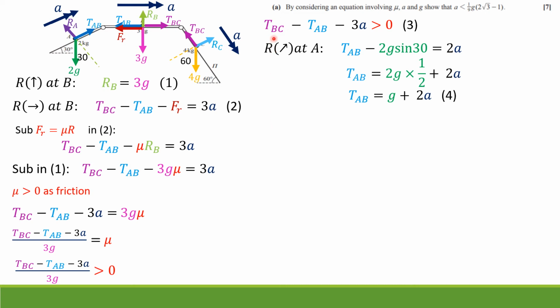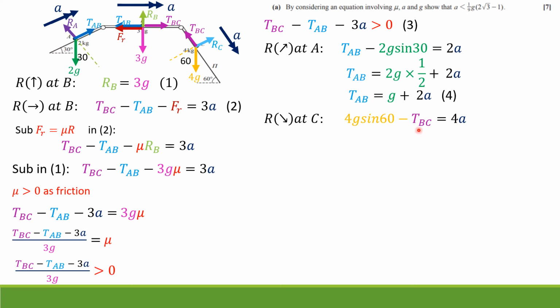Before I do that, I'm going to work out TBC. So if I go down the plane at C, because the object is moving down, I've got the component of the weight, which is 4g sine 60. So this component here, because this is the opposite. So this is going to be 4g sine 60 minus TBC is going to equal the mass, which is 4 times the acceleration.